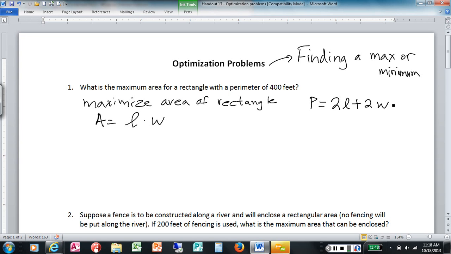But the one main thing here, what we want to maximize, of course, is the area. Now, how have we been finding these maximums from equations? In this case, we're finding a maximum. How do we find the maximum from an equation?